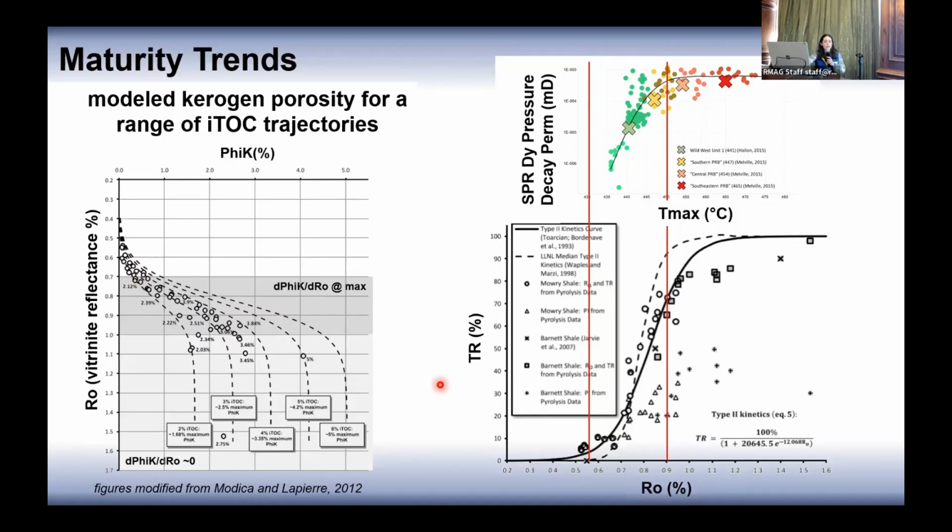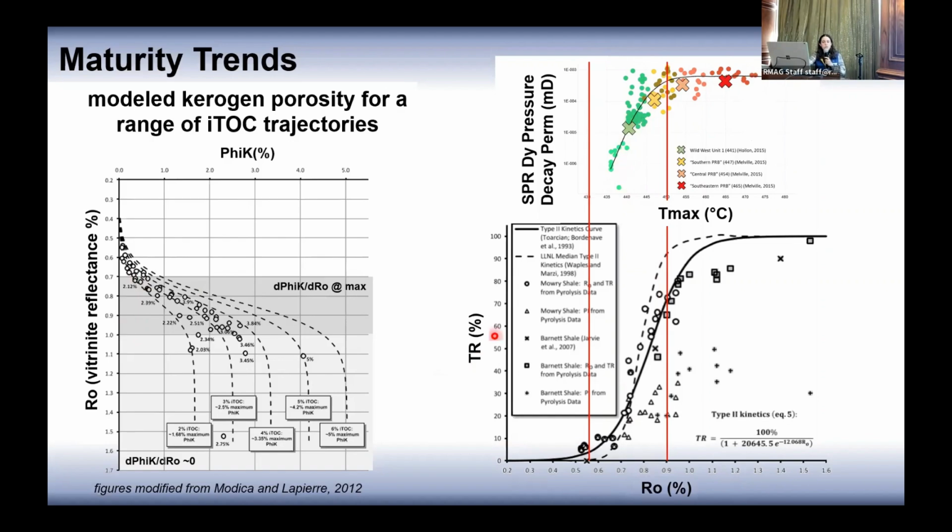Thought of in another way, you could look at a plot of transformation ratio versus thermal maturity. And again, you see that over that same maturity range, that's where you get the greatest change in transformation ratio, which corresponds exactly with where we're seeing an increase in permeability develop and then eventually flatten out.